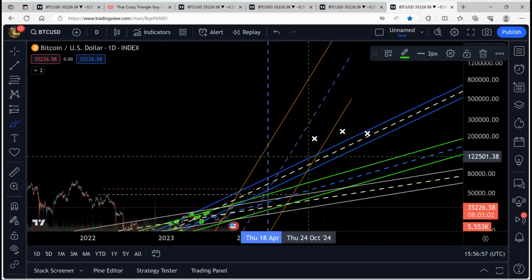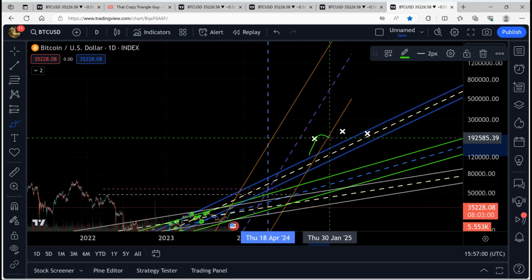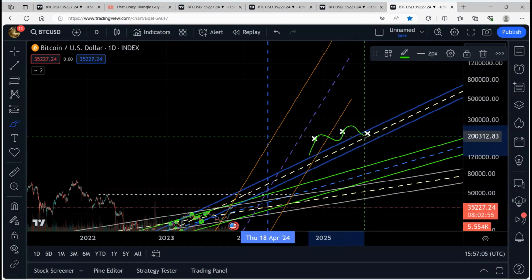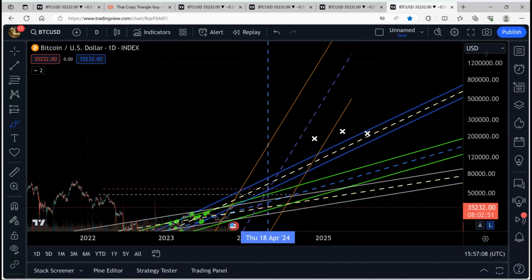Could we see something like this? That's not a very good one.